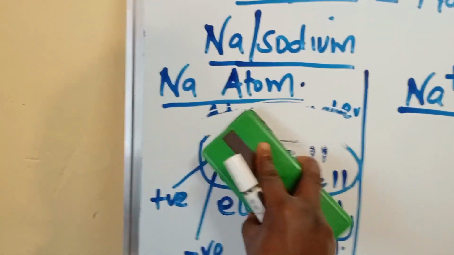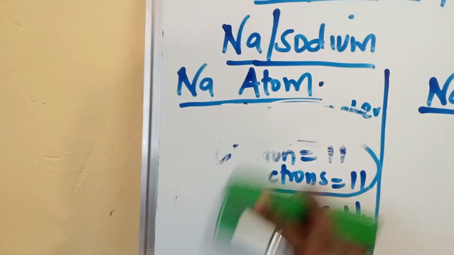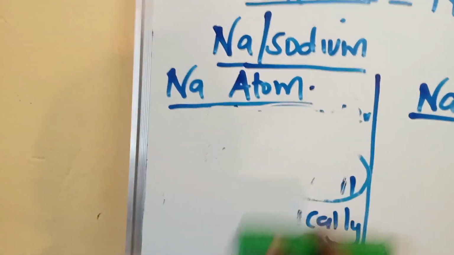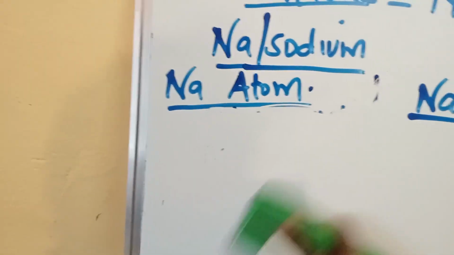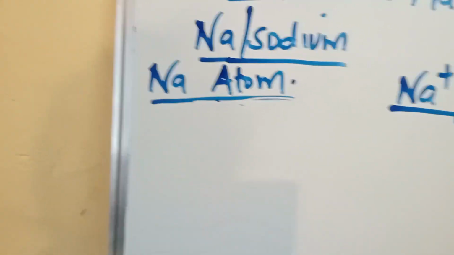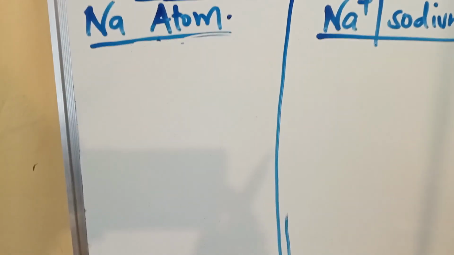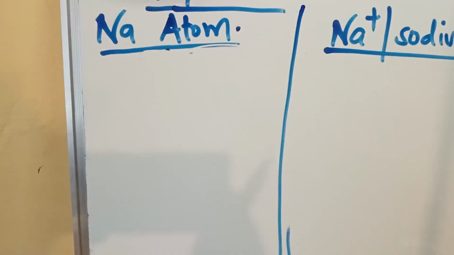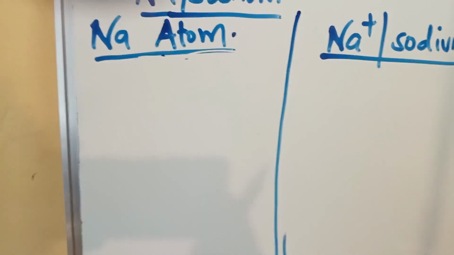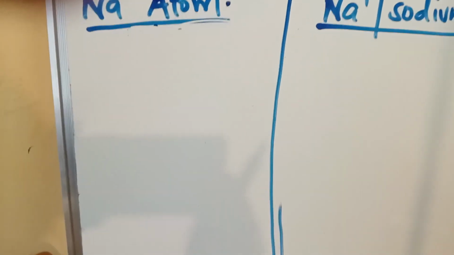So allow me to rub in here so that we can have enough space for the task that is ahead of us. So now you know that the number of protons and the number of electrons are the same, and protons are positives, electrons are negatives.